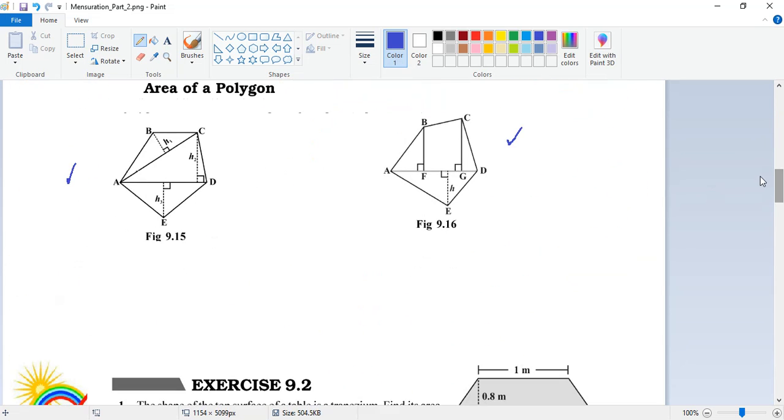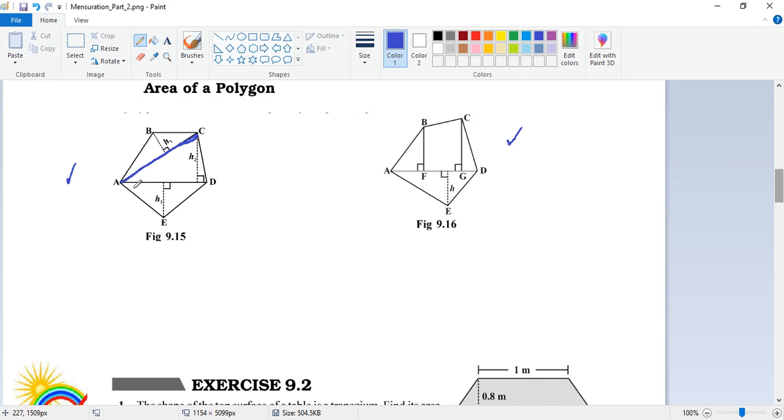We are going to use all those 3 here. When you have a random figure and you don't have a particular formula for it, you try to break it into either triangles or trapeziums. Like you see this figure A, B, C, D, E. This figure was divided into so many parts. See, they have made this one triangle.